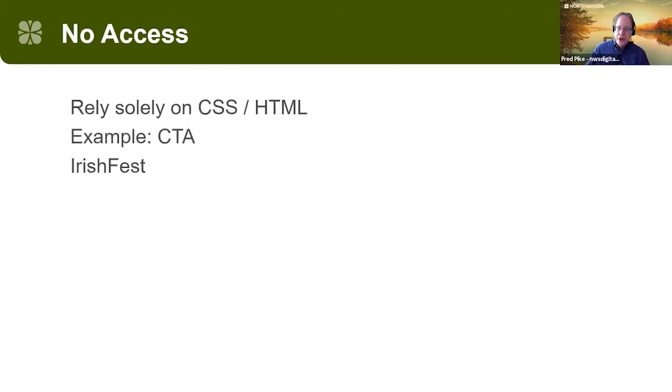So let's start diving in a little bit. The first example I'm going to show you is one where we have no access. So we are going to rely solely on what's on the page, the CSS and the HTML. And the example is going to be a CTA, and I'm going to use Irish Fest for this example. And I just have to call that up.